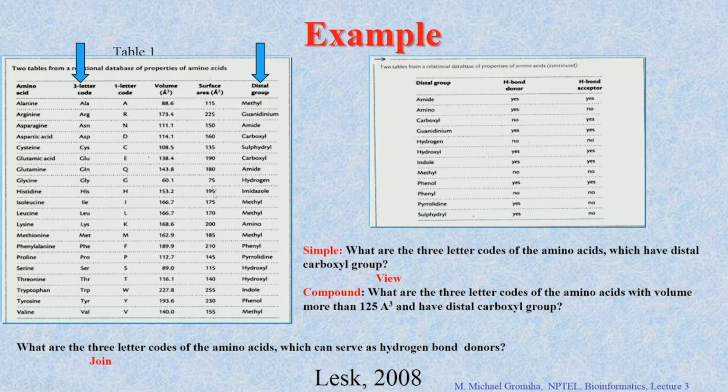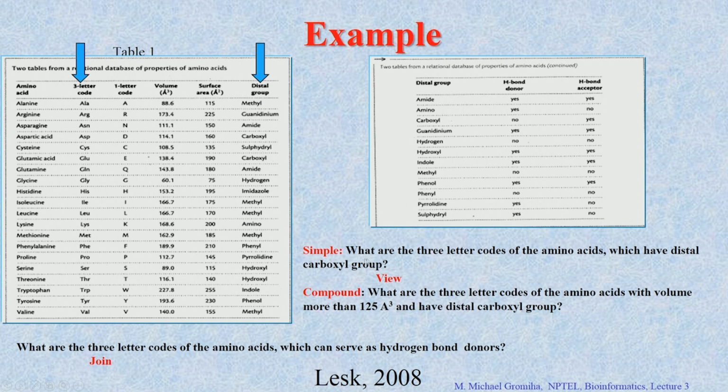So, we see table 1. What information is available in table 1? Amino acid name, 3-letter code, 1-letter code, volume, surface area, and distal group, that is, which group, like the methyl group or guanidine group and so on.